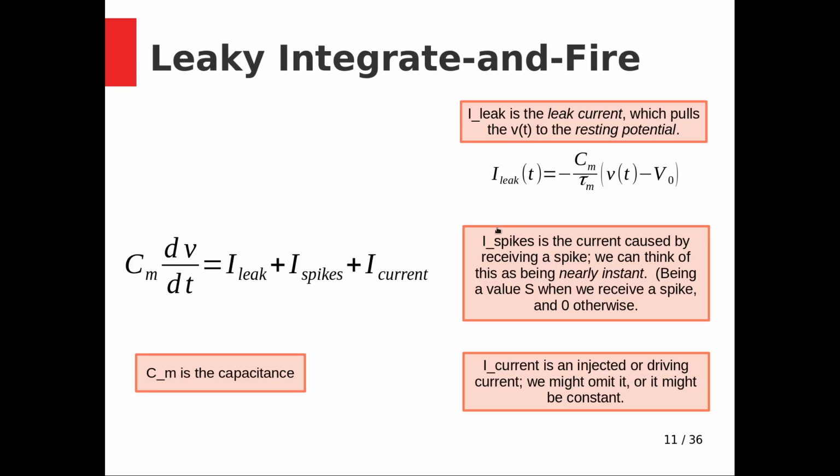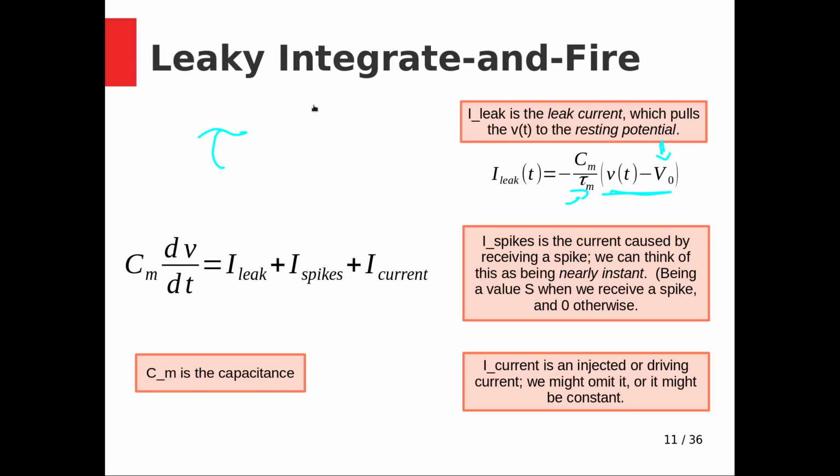So this little tau right here is basically a fairly typical description of decay to a rest voltage in the language of differential equations. This tau is a time constant that controls the time scale over which the leak will act. As tau goes up, the time factor becomes larger and the leak will more slowly pull to the resting potential.